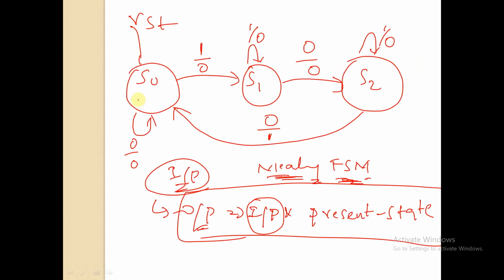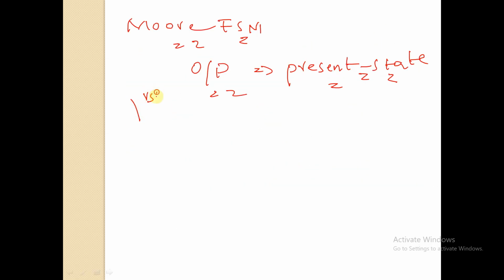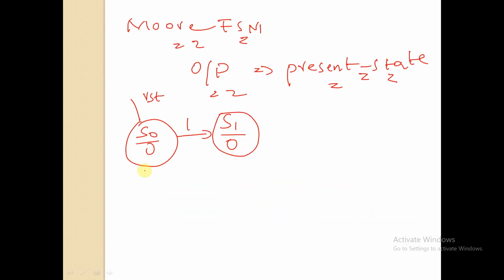So same scenario, when reset, we should go to S0, and here the output is 0, and if 1, we go to S1 state, output is 0, and if it is 0, same state, output is 0.